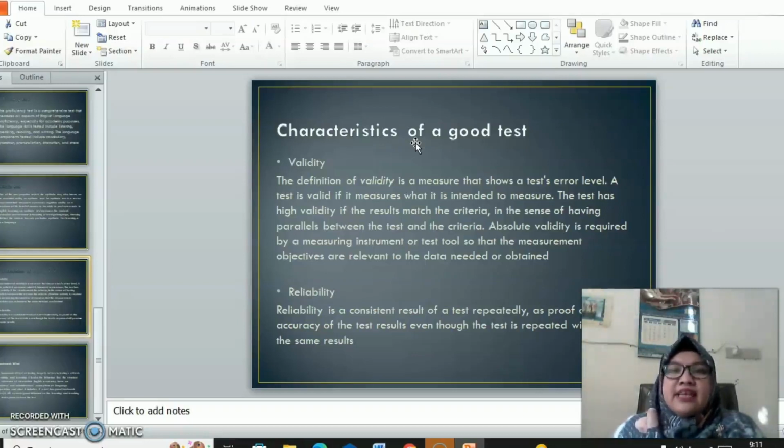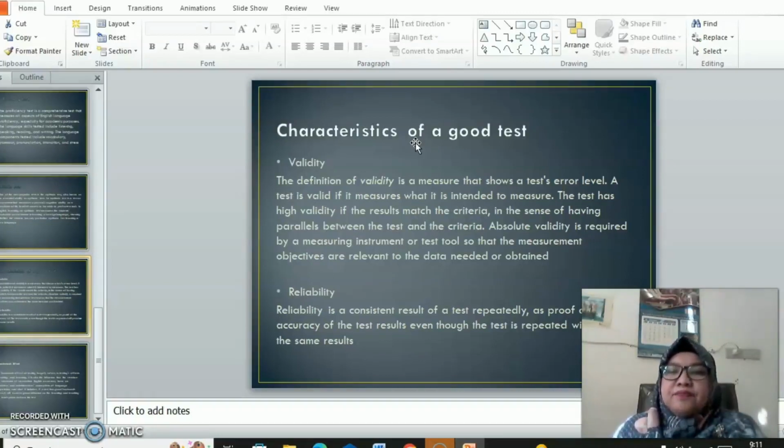The test has high validity if the results match the criteria, in the sense of having parallels between the test and the criteria. Absolute validity is required by a measuring instrument or test tool so that the measurement objectives are relevant to the data needed or obtained.